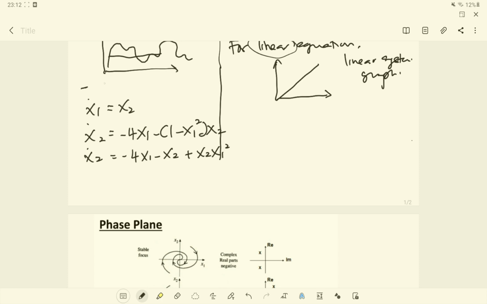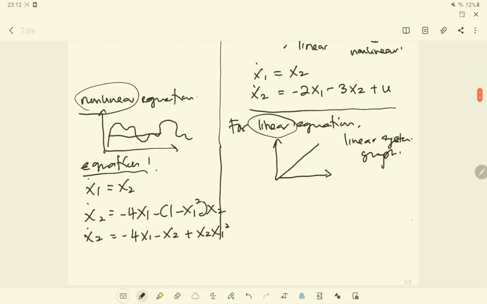This is equation 1, and then equation 2. We write back x1 dot equal to x2, x2 dot equal to negative 2 x1 minus 3 x2 plus u.